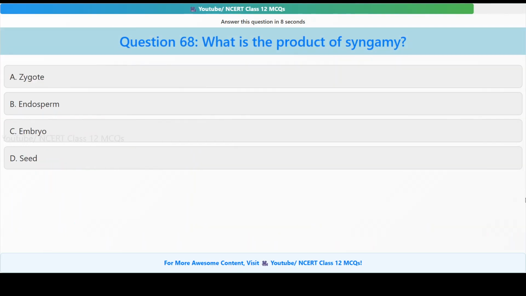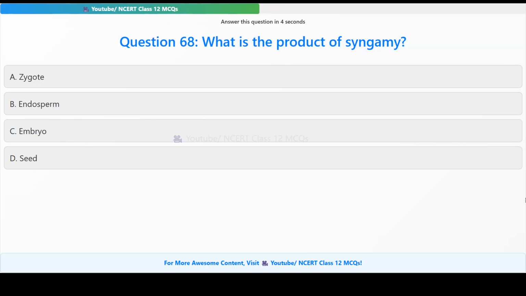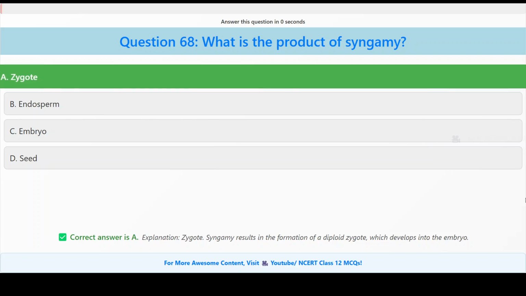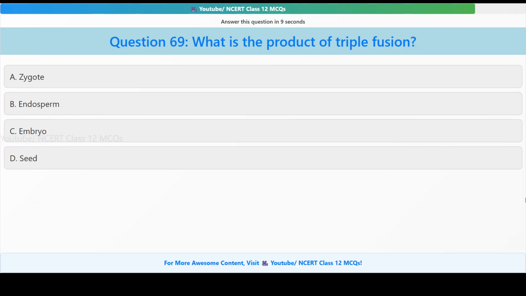Question 68. What is the product of syngamy? Zygote. Syngamy results in the formation of a diploid zygote, which develops into the embryo. Question 69. What is the product of triple fusion?